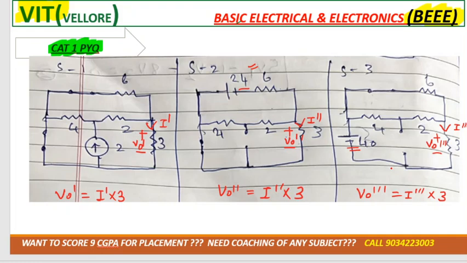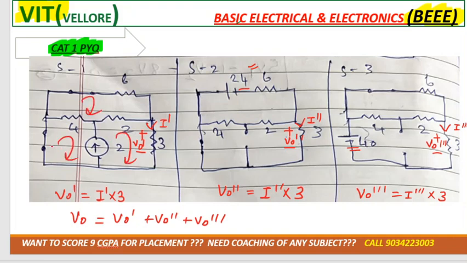Ultimately you calculate what? V dash plus V double dash plus V triple dash, right? And how will you calculate I dash?